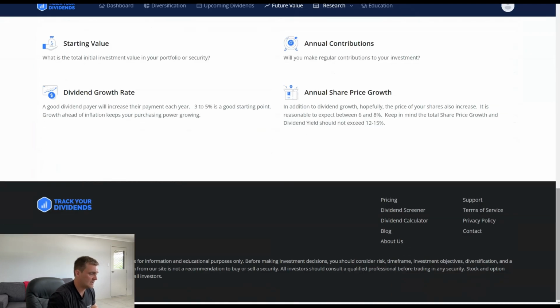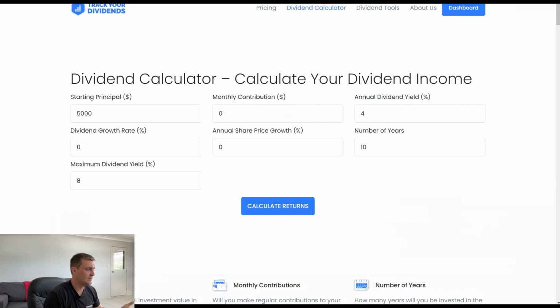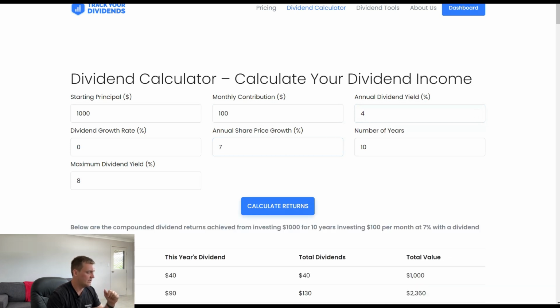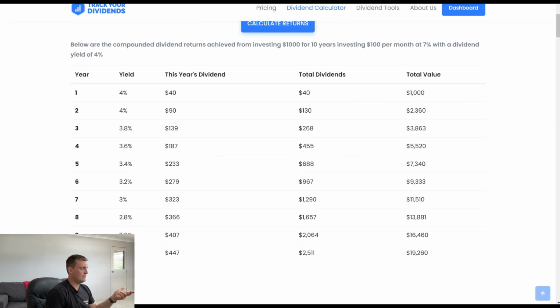But if you scroll all the way down to the bottom of the page and you click dividend calculator, this is where if you've just started investing and your initial principal was say like $1,000, let's put that in there, and your monthly contributions, let's just say you put in $100 per month, and let's just say you get a 4% dividend yield, an average share price growth, which is always between 9 and 7%, and go ahead and click your calculated returns, and this comes up, and in year one, your year's dividend will be $40, but by the end of 10 years, if you were to keep that consistent, deposits and reinvestment of the dividends, by end of the 10 years is $447.